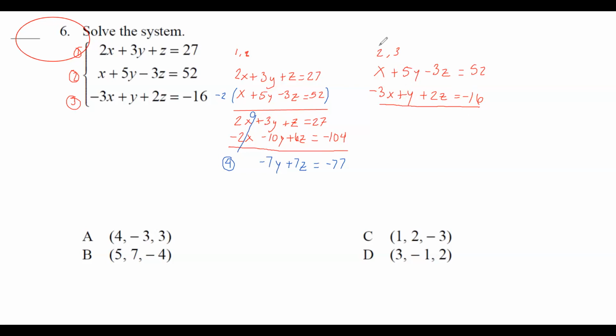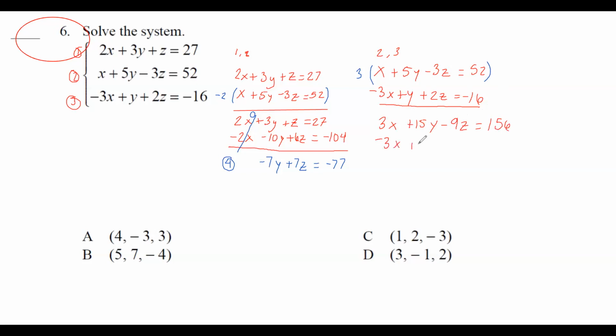So let's see, we have to multiply the second equation by, if it's negative 3, our opposite coefficient would be positive 3. So we have now positive 3x, 5 times 3, positive 15y, 3 times negative 3, negative 9z, and 3 times 52, 156.